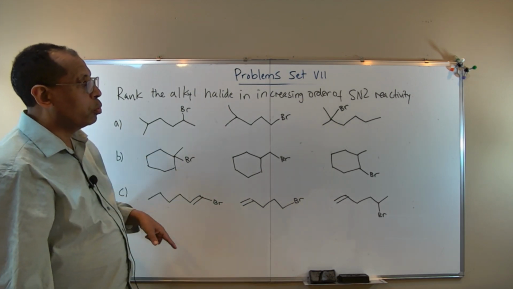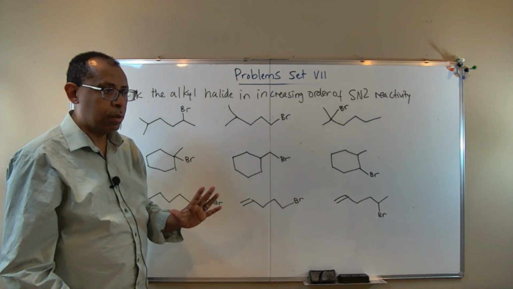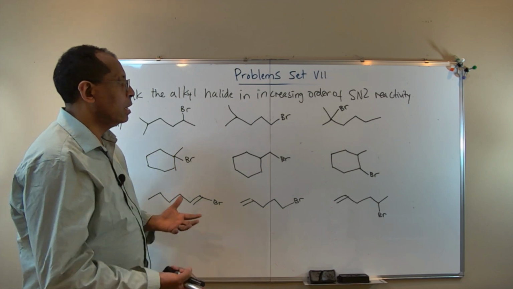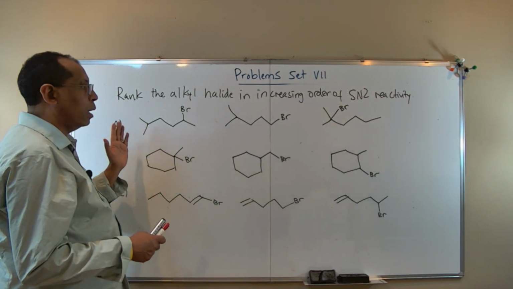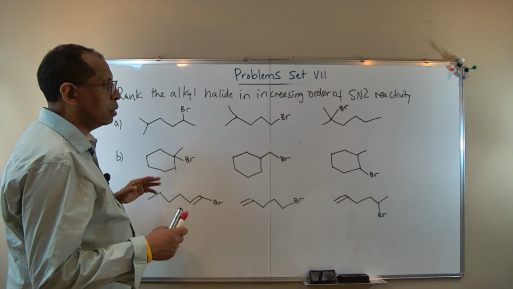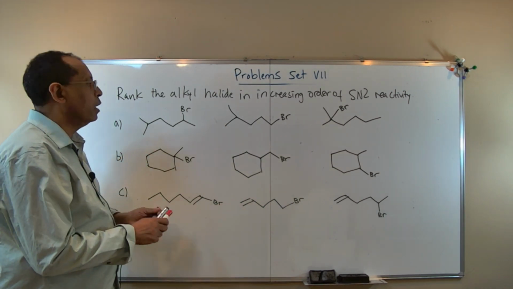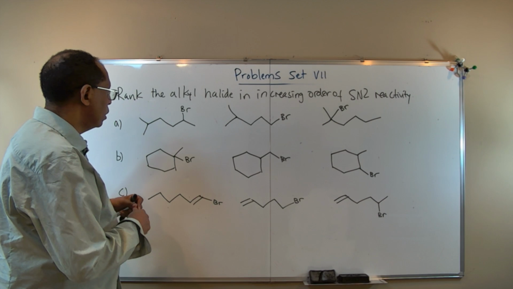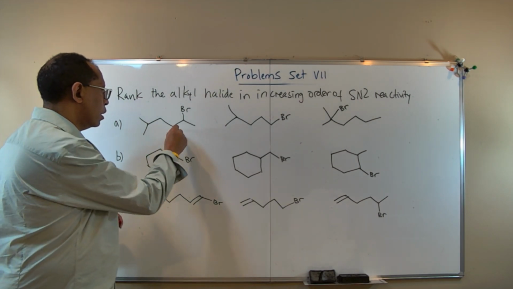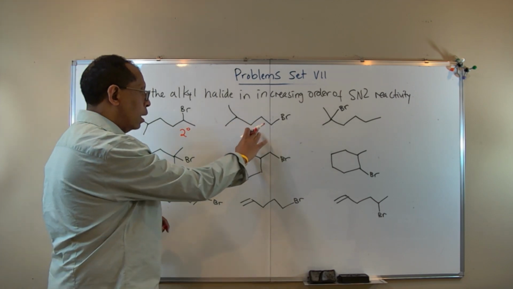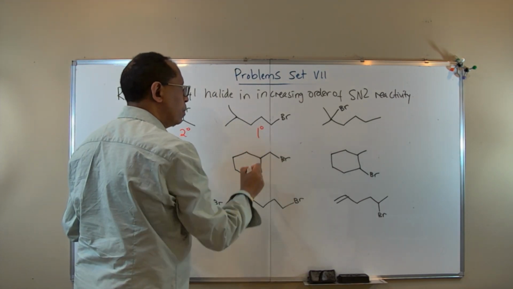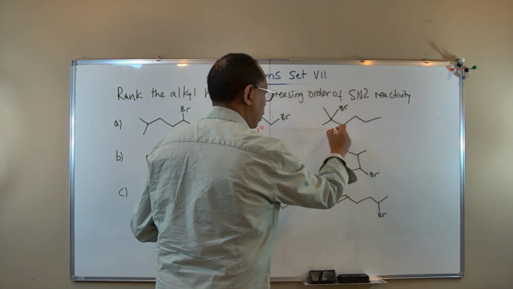For SN2 reactivity, the nature of the alkyl halide is important. So first, let's characterize the nature of the alkyl halide. This alkyl halide is a secondary, this one is a primary, and this one is a tertiary.